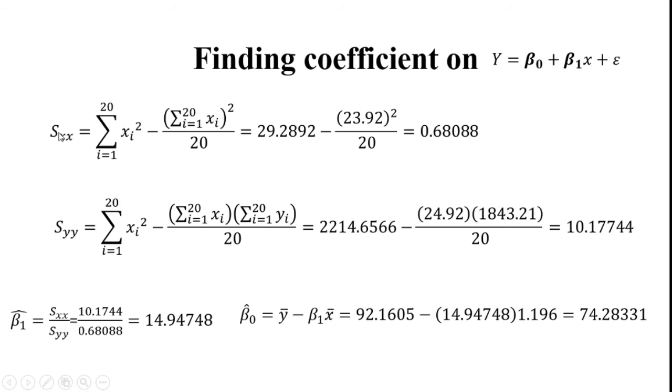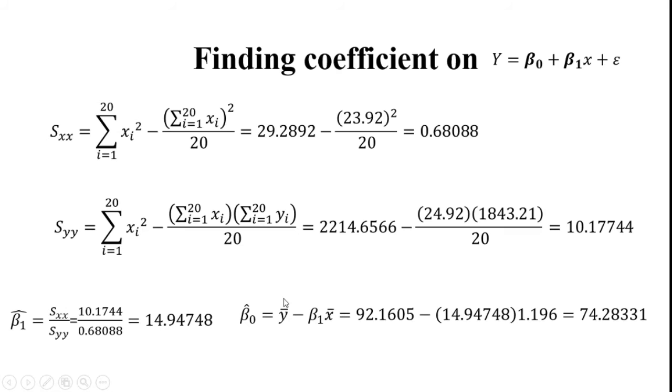Already I found the values of Sxy and Sxx. From that I substitute the values into the beta 1 equation, and I can get 14.94748.